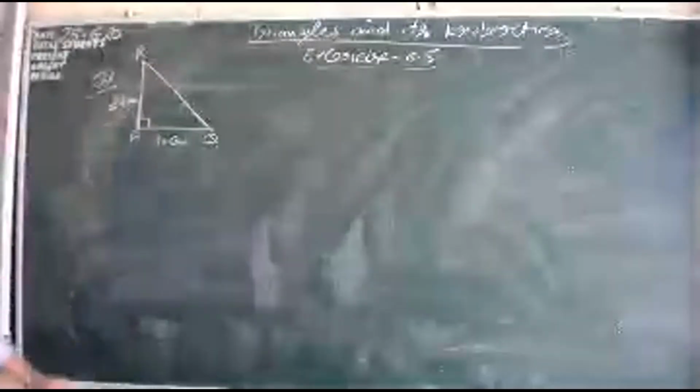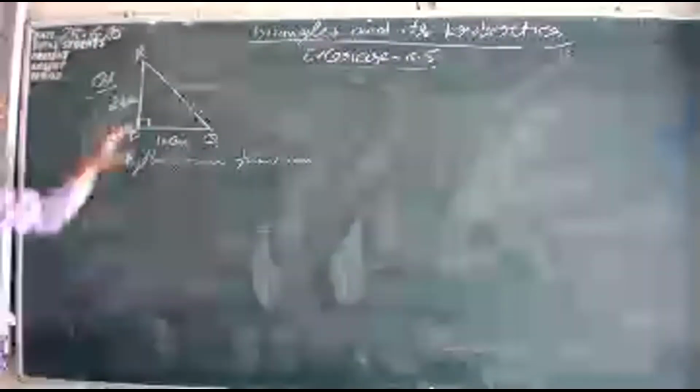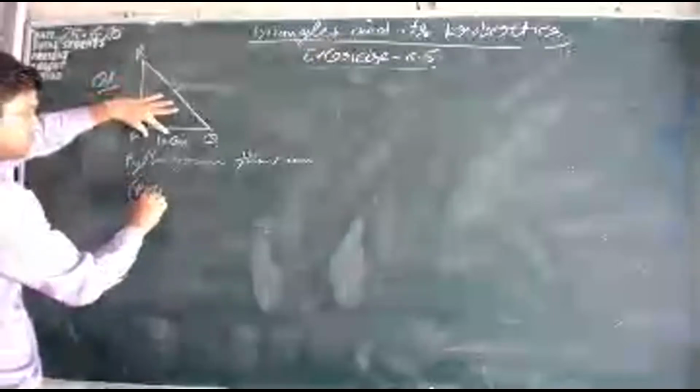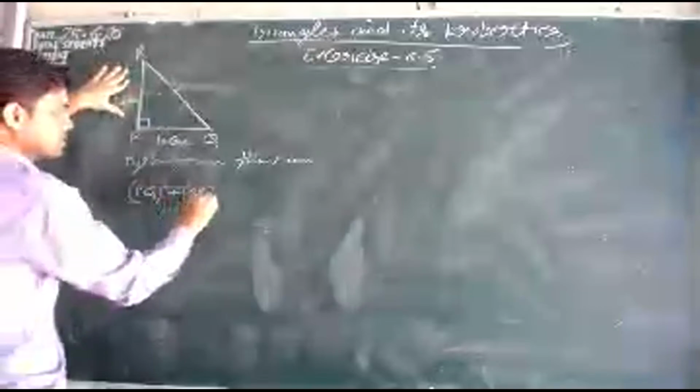Okay. तो हमने इस क्वेश्चन में देखा कि we have two measures of a perpendicular and base. We have to calculate hypotenuse. So according to Pythagoras theorem, okay, that is क्या था, the sum of the squares of these two, perpendicular and base, should be equal to the square of the hypotenuse.